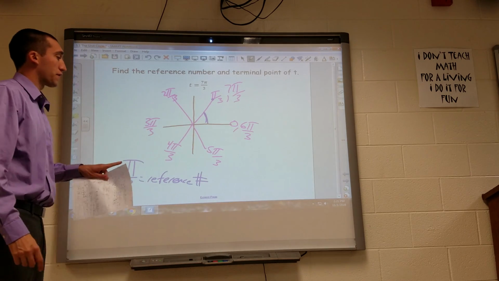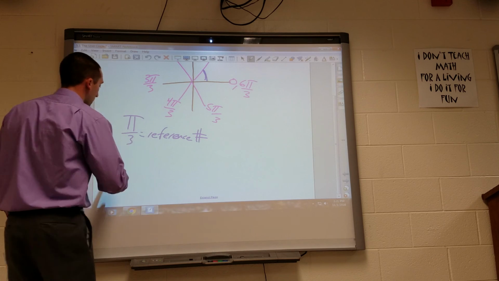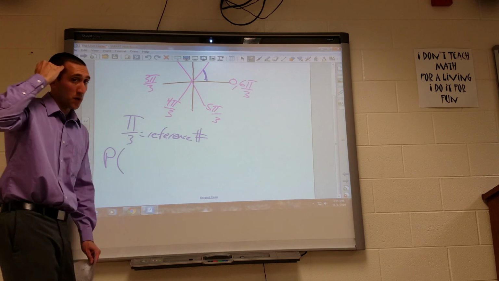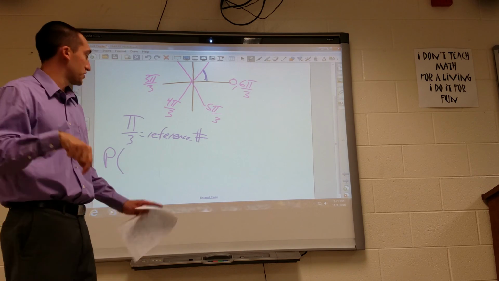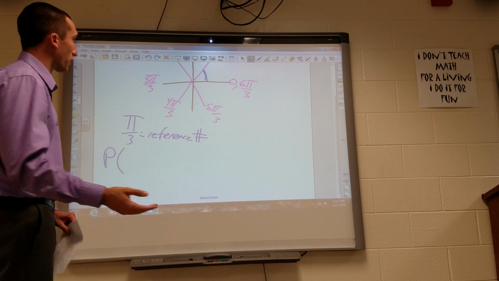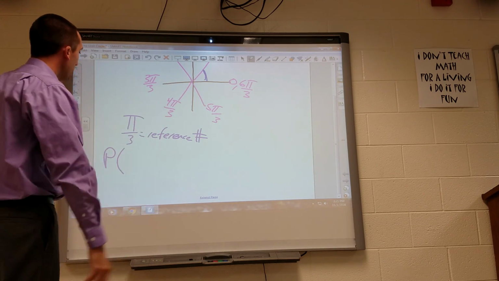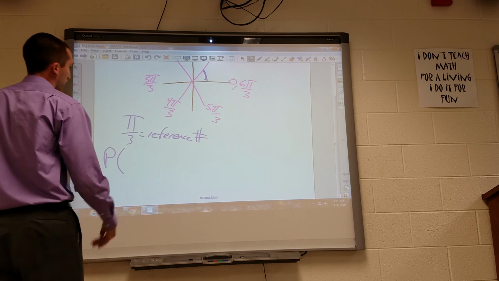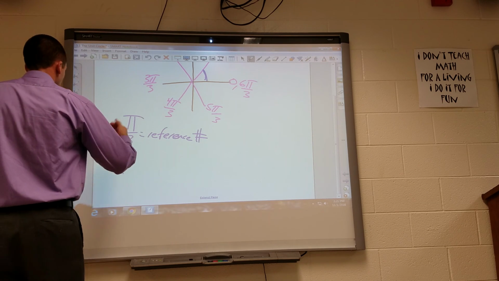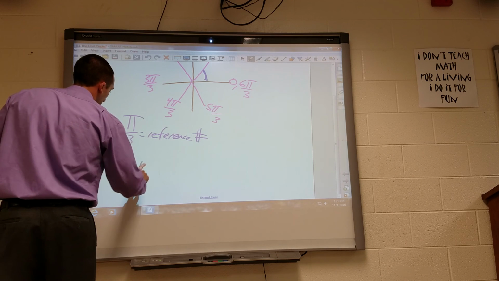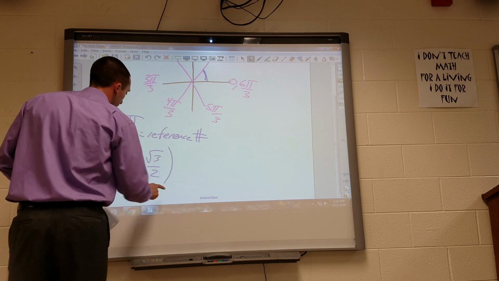And now that I know my reference number, I can find my point P. I should have this memorized. So very soon we should have this memorized. That pi over 3, I'm in the first quadrant, so they're both going to be positive. Pi over 3 is 60 degrees, if you want to think of it that way. And I know that to be 1/2, radical 3 over 2.